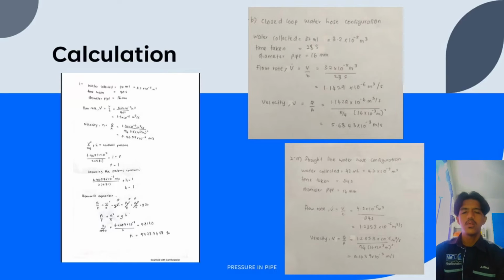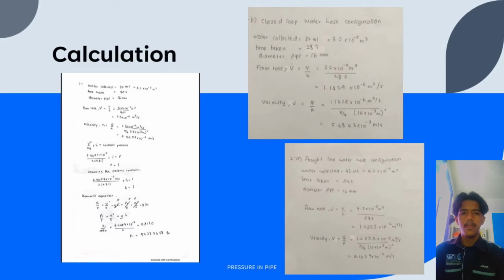For the pressure implied, we need to use the Bernoulli equation. The Bernoulli equation is pressure 1 over density plus velocity 1 squared over 2 plus gravitational times z1 equal to pressure 2 over density plus velocity 2 squared over 2 plus gravitational times z2.